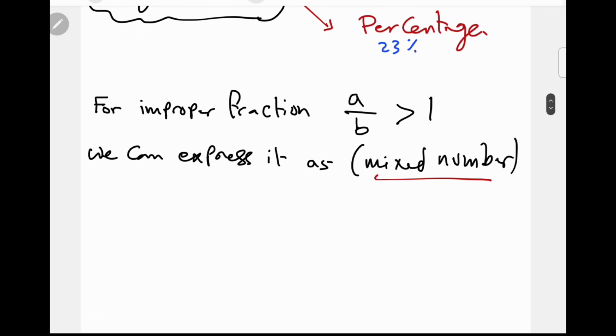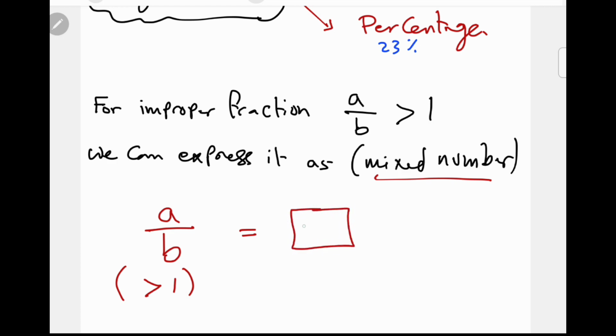If the fraction a over b is greater than 1, then you can express this as a whole integer or a whole number plus a proper fraction.